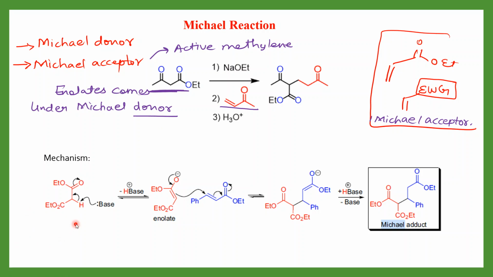You may see that first a base like sodium ethoxide is going to abstract a proton from here. This will form an enolate. This O negative will come back, and this carbanion formed here is going to attack in 1,4 fashion. And we will get this entity. At last, the base will come back and protonate here, and you will get this Michael adduct.